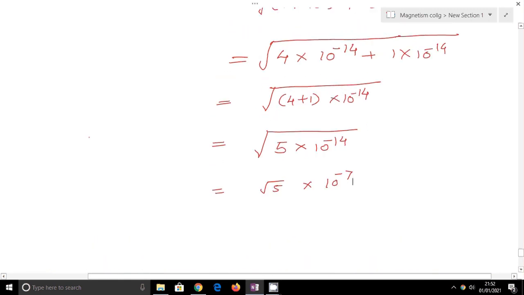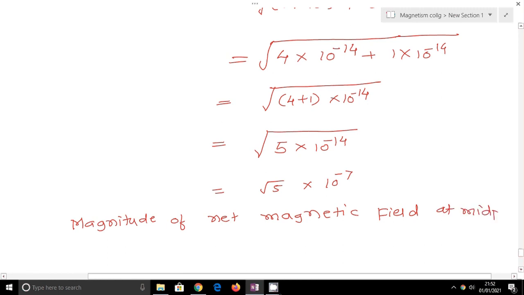The final answer is: the magnitude of the net magnetic field at the midpoint of the line will be root 5 into 10 raised to minus 7 Weber per meter square.